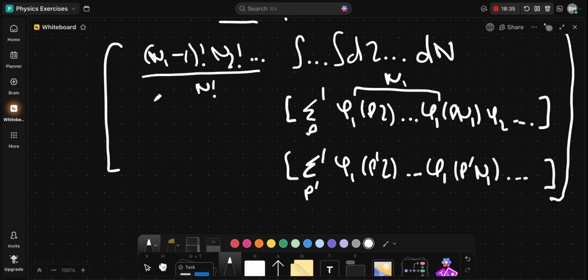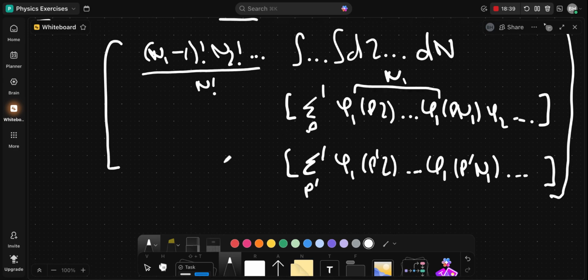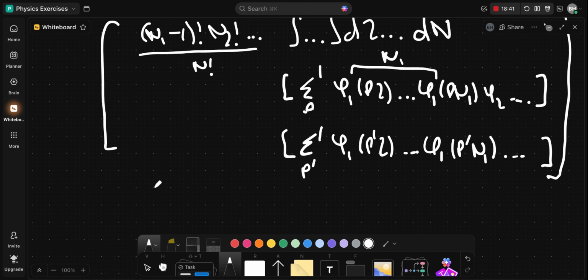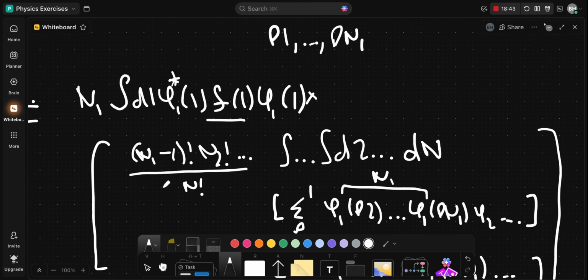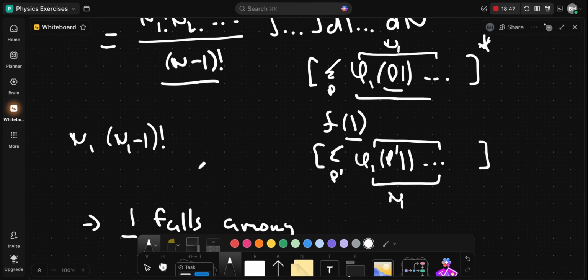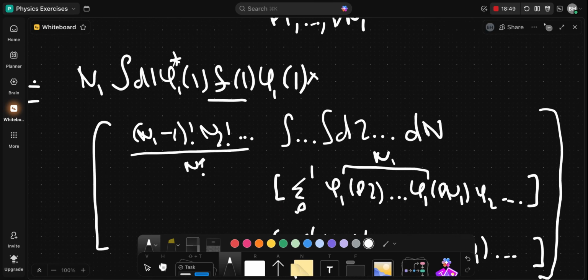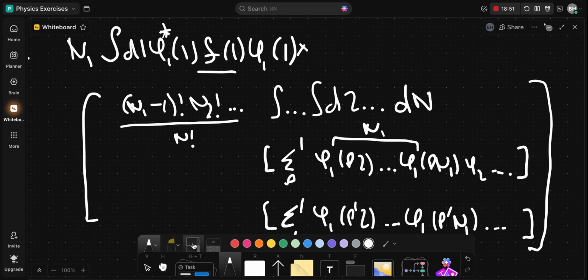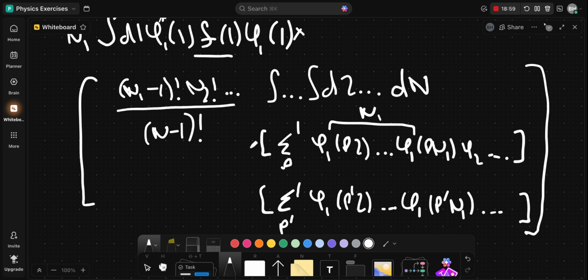Basically, this term is the normalization of a wave function. Oh, I apologize, I made a mistake. I sometimes make this mistake, apologies. This should have been an n minus 1. So let me erase that and fix that. That was an n minus 1, n minus 1 factorial. Sorry, that was a mistake.